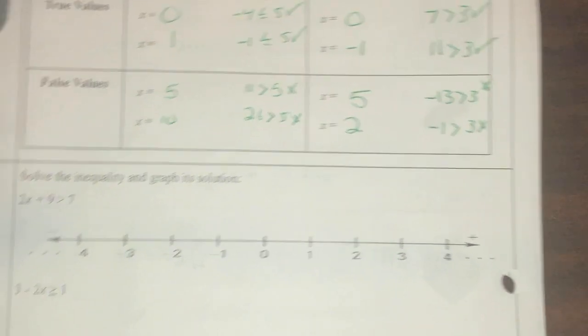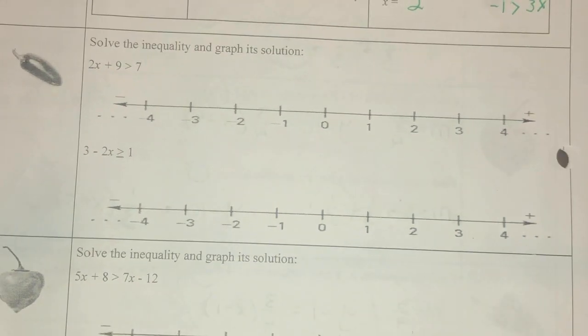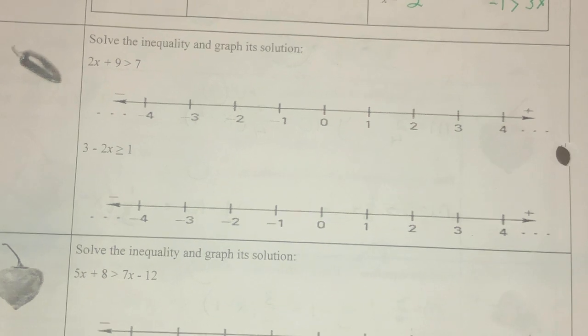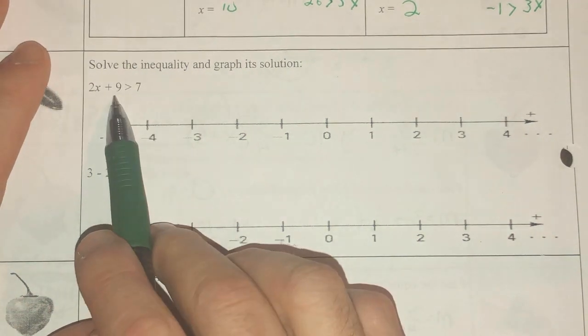Now I'm going to show you how we solve and graph simple inequalities. Okay, this is a little refresher. Remember, when you graph inequalities and solve them, it's exactly the same as solving an equation, a simple one. The only difference is, when you multiply or divide by a negative number, you need to change the direction of the inequality. So let's try this.